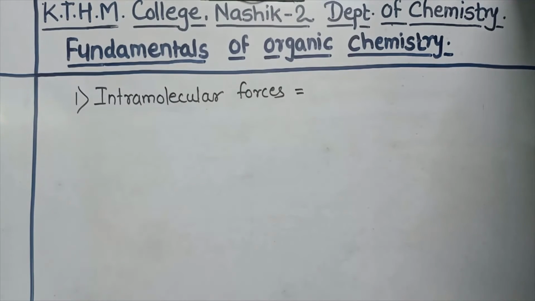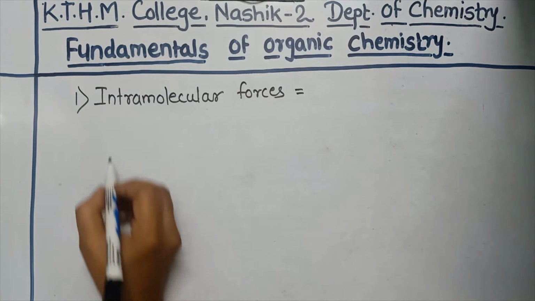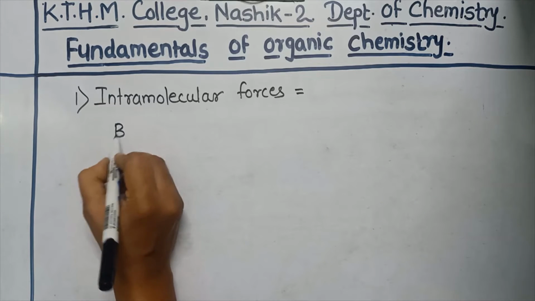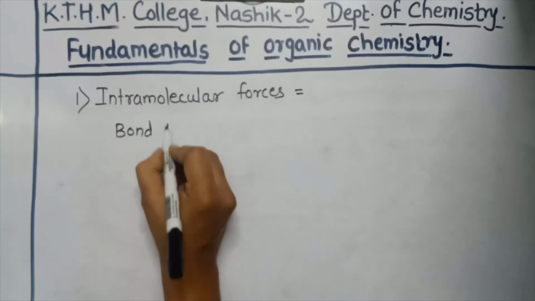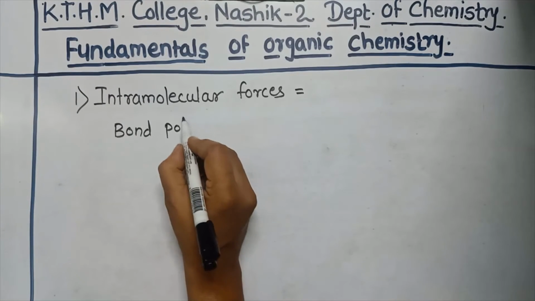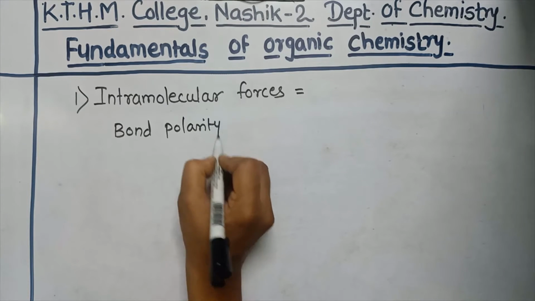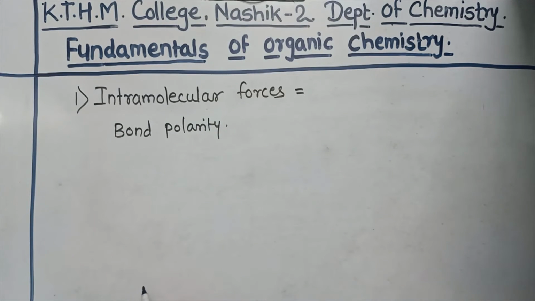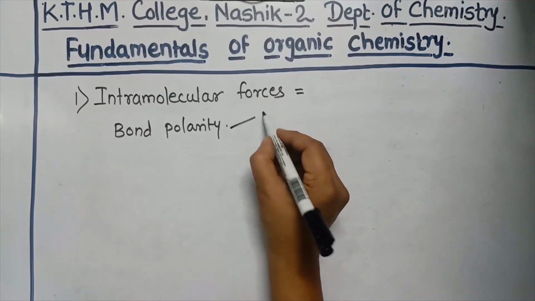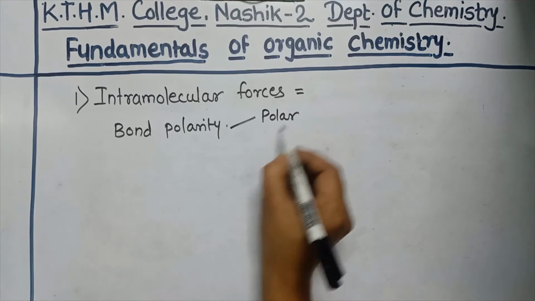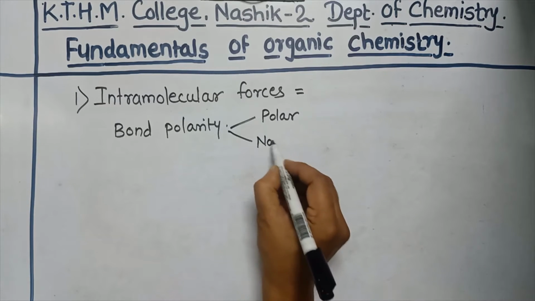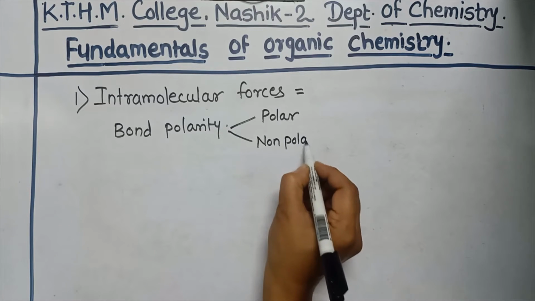Then we see the next, that is intermolecular force. For that we first consider bond polarity. What is the meaning of bond polarity? We know that there are two types of bonds: the polar bond and the non-polar bond.